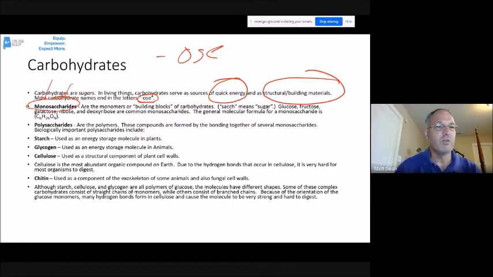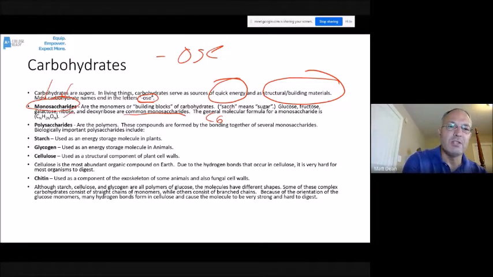Glucose, fructose, galactose, ribose, and deoxyribose are the common monosaccharides we'll talk about in AP Bio. And you've heard of most of those probably before. Monosaccharides have the general formula CnH2nOn. For example, in glucose, there are 6 carbons.